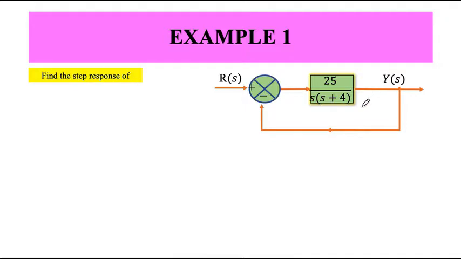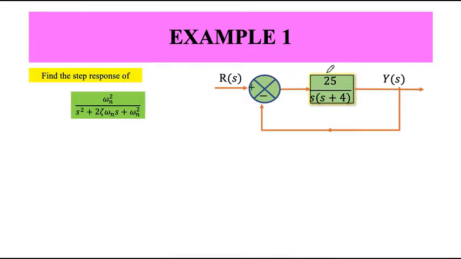So there could be two ways to do this. One is to apply the formula of y(t), and if you remember, this essentially was based on omega n and zeta. First, let's see how the closed loop looks.